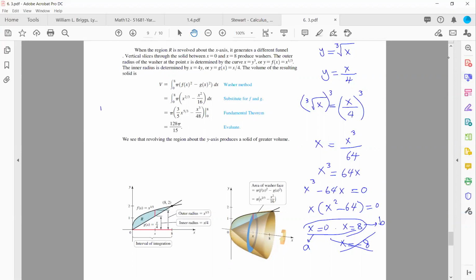So the third root of x raised to 2. This is the third root of x squared, because the third root can be written as x to the one third, raised to 2, which is x to the 2/3. So first function squared is x to the 2/3 minus second function squared is x squared over 16.